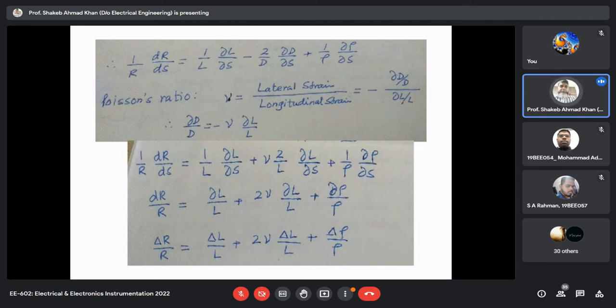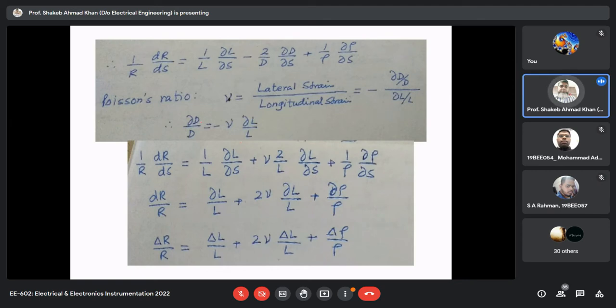And the minus sign we are taking because these two changes take place in opposite directions. Your diameter is decreasing and your length is increasing. If an increase in change is taken as positive, then one positive and one negative change will be negative. So this is the relation between the longitudinal strain and lateral strain.